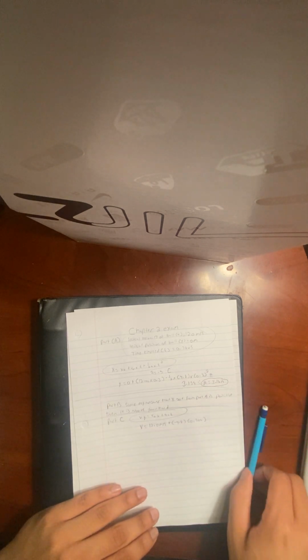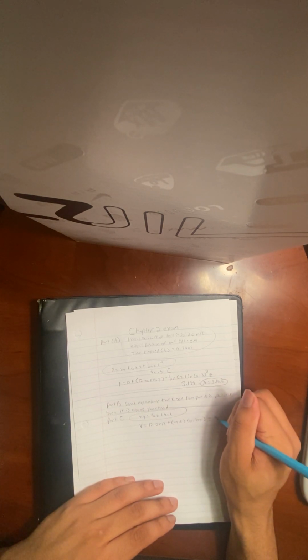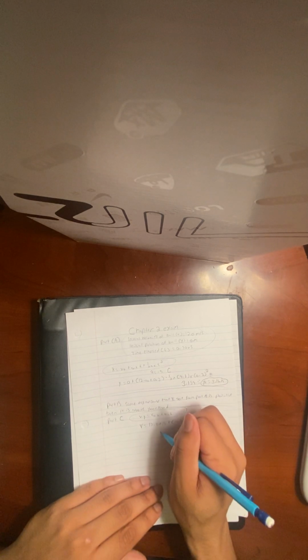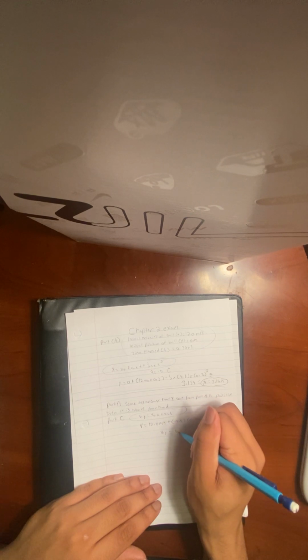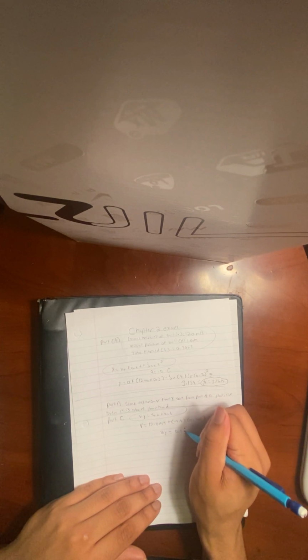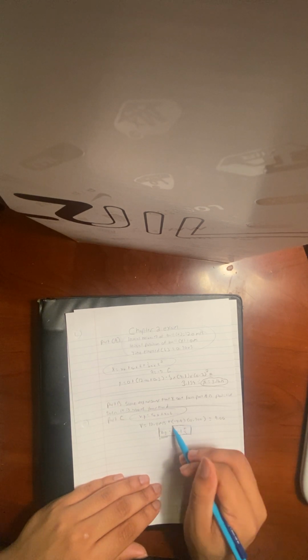Let me get my calculator. 12.0 plus negative 9.8 times 0.300. So the answer we got from plugging this into equation 1 from table 2.5 in section 2.4 is 9.06. You round it up, that will equal V1y equals 9.1 meters per second. That is your answer for part C.